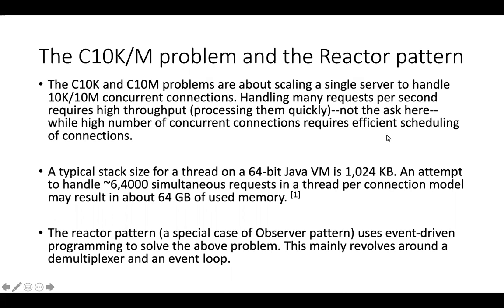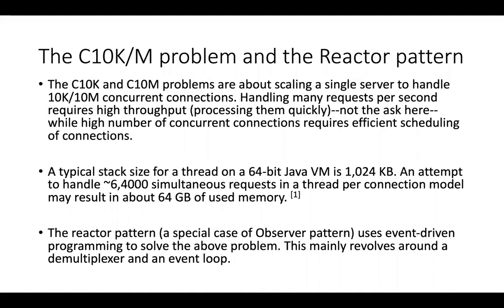So there are two things here. First, we have to understand that handling many requests per second, processing them very quickly, does not constitute the solution for this problem. High throughput is not the ask.